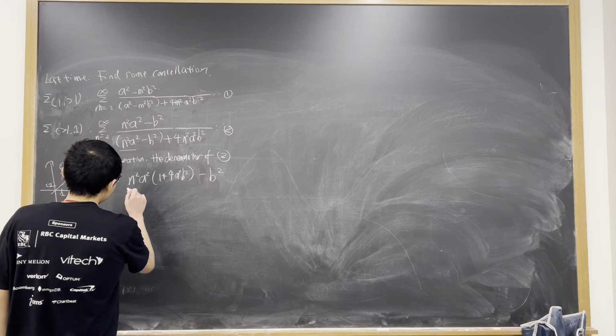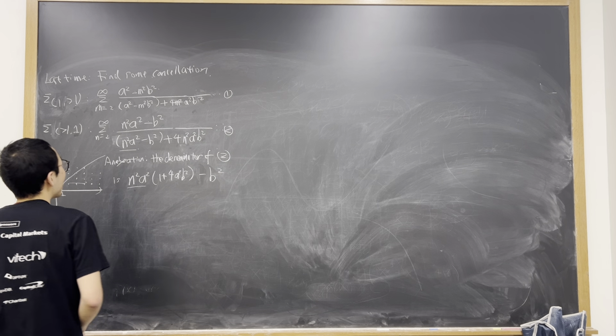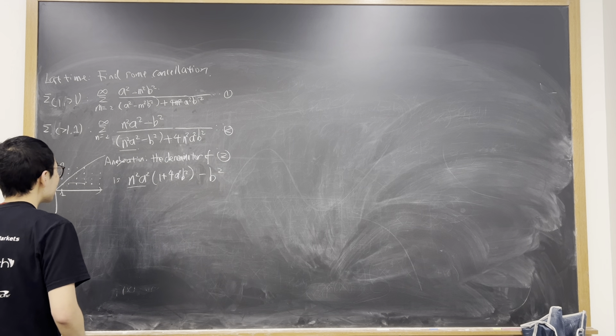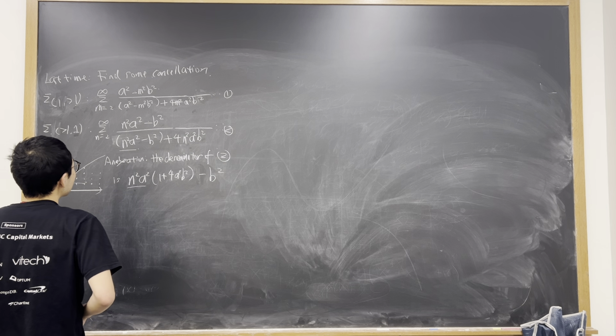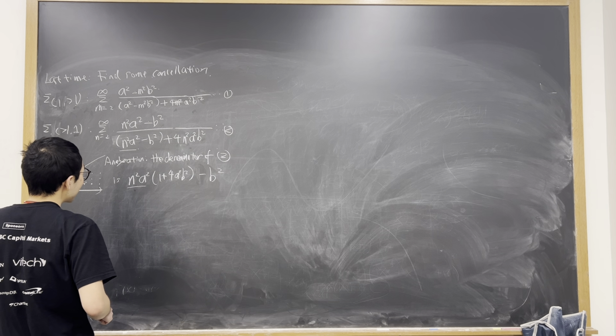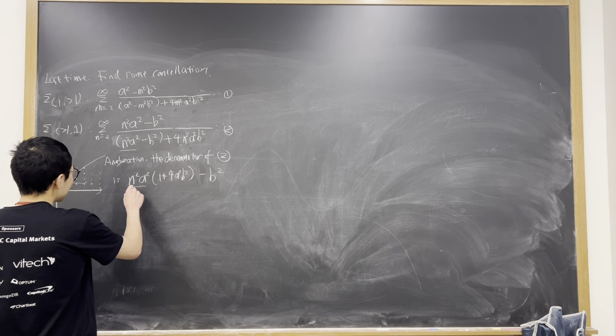So namely, it grows like 1 over n squared, and this is the dominating factor.